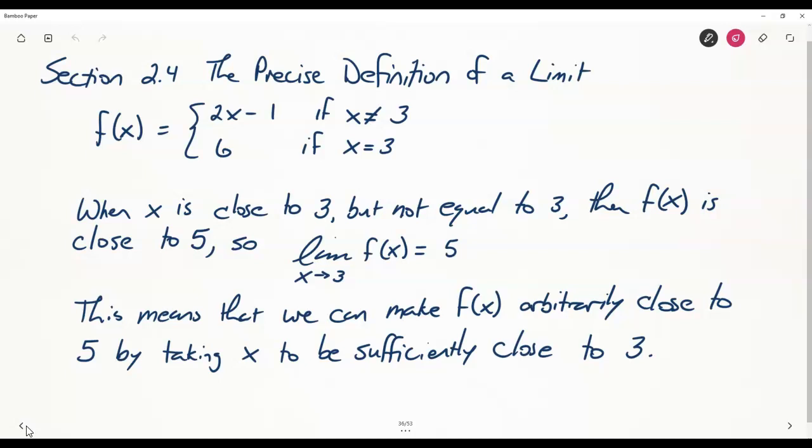But if I'm taking the limit as x approaches 3, remember, when you're taking the limit, you don't care about what's happening at 3, just what happens as you're close to 3. So when I'm taking this limit, we're actually on that first piece of the graph because we're not equal to 3, but we're very close to it.